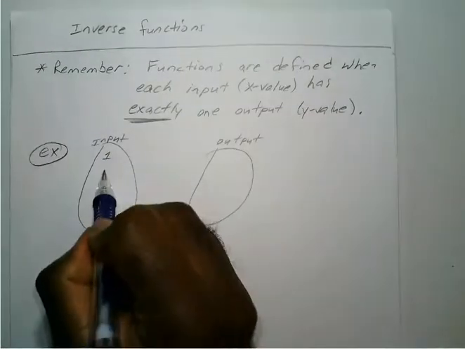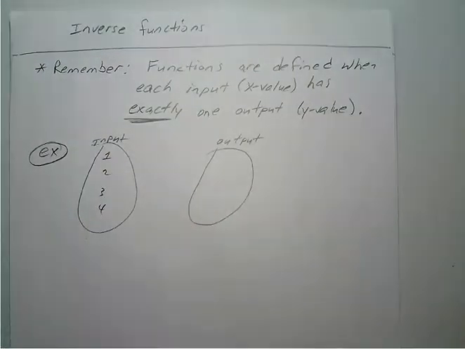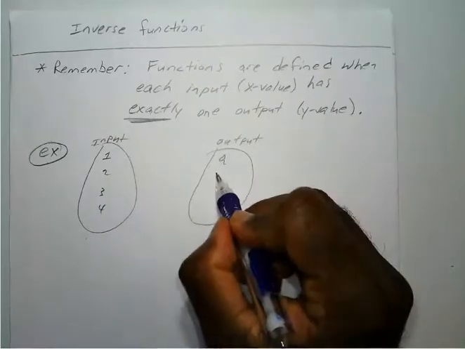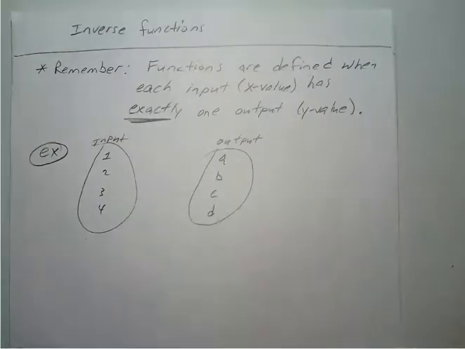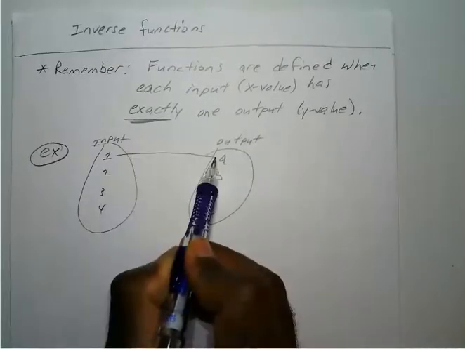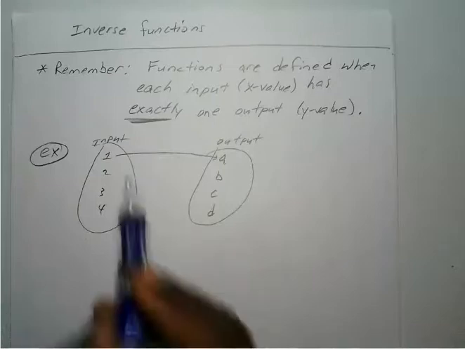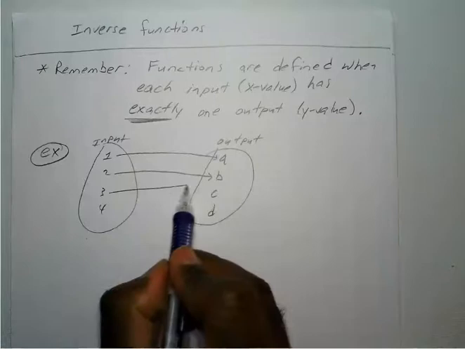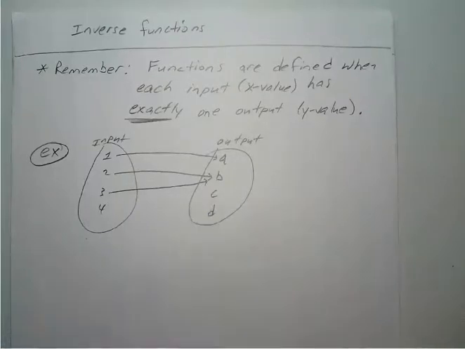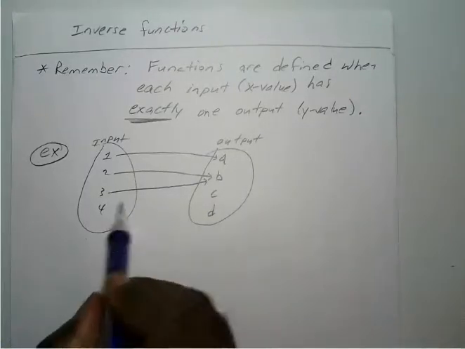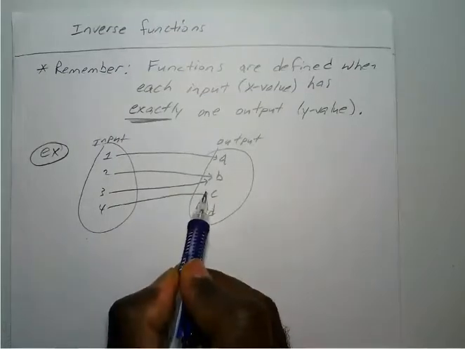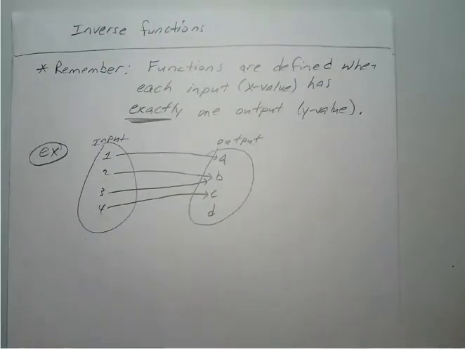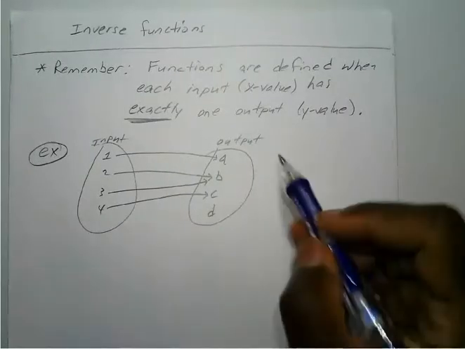Let's say you have 1, 2, 3, 4, and you have A, B, C, and D. Let's say 1 goes to A, 2 goes to B, 3 also goes to B, and 4 goes to C. This is actually a function.